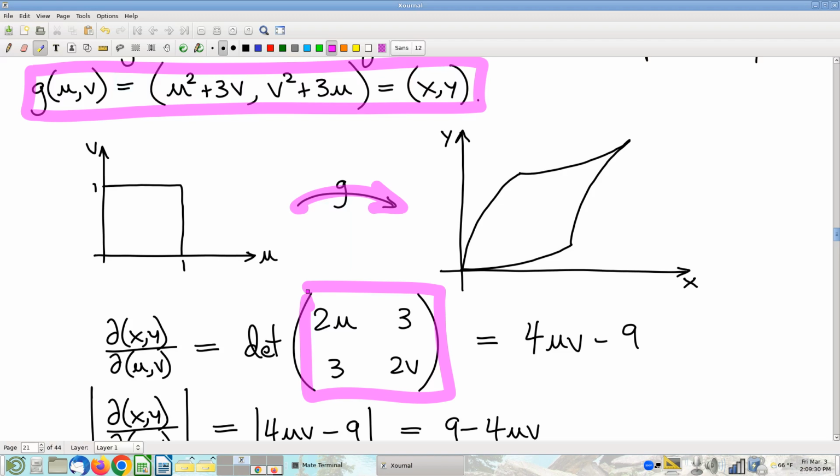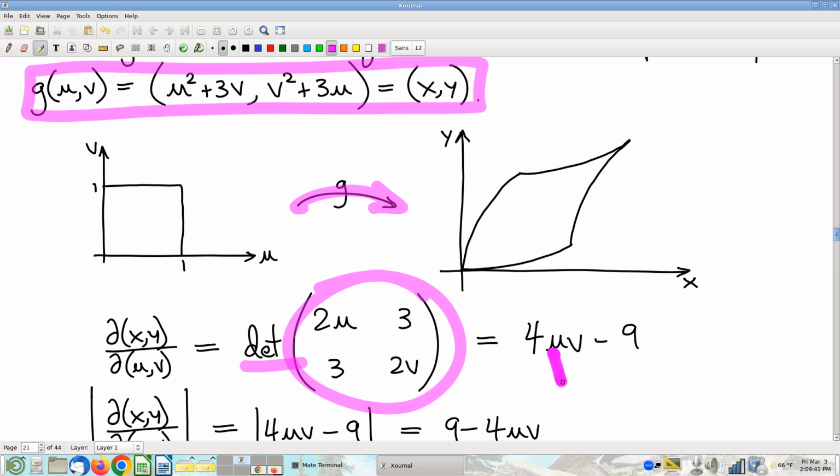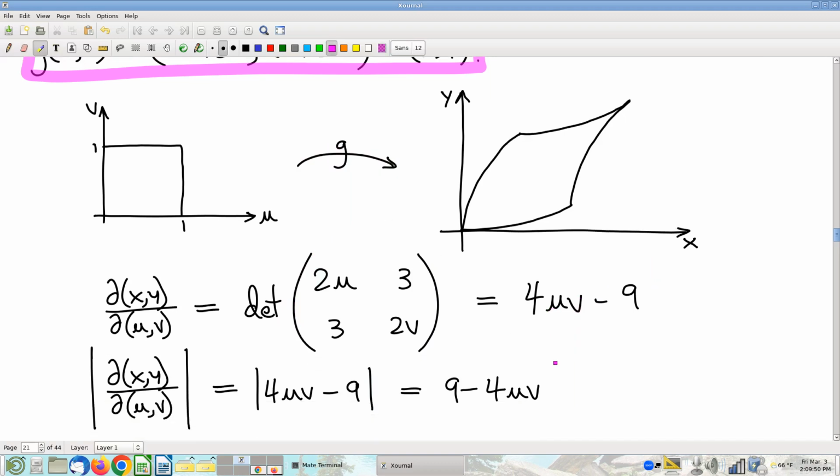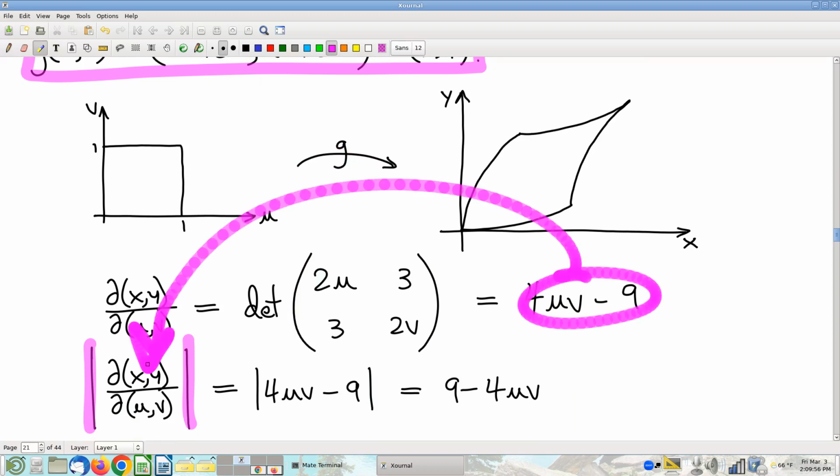Output variables correspond to rows. Make sure to keep that straight. Stretching factor involves taking the determinant of that Jacobian matrix. No problem. Little algebra. There's my Jacobian determinant. And one last annoying little detail: the stretching factor requires that I take the absolute value of this Jacobian determinant.